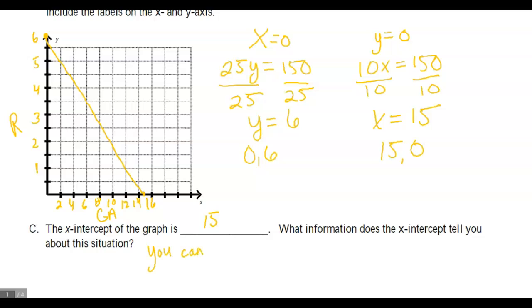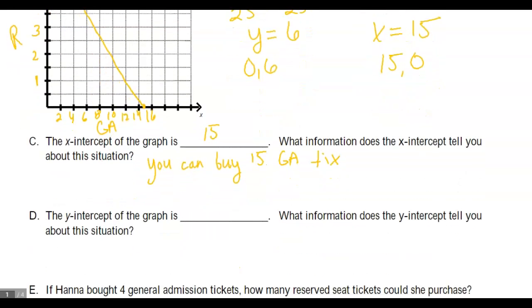You can buy 15 general admission, which I'm going to abbreviate as GA, tickets, TIX. And the y-intercept is 6. You can buy 6 reserved tickets.